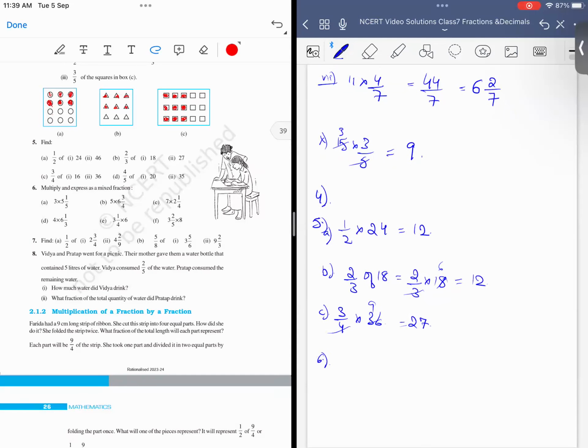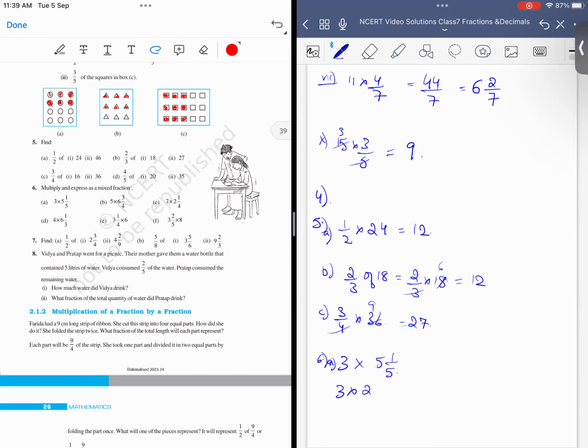Next, question number 6. Multiply and express as a mixed fraction. So 3 into, the first question I'm taking, 3 into 5 whole 1 by 5. First of all, you convert this mixed fraction to improper.